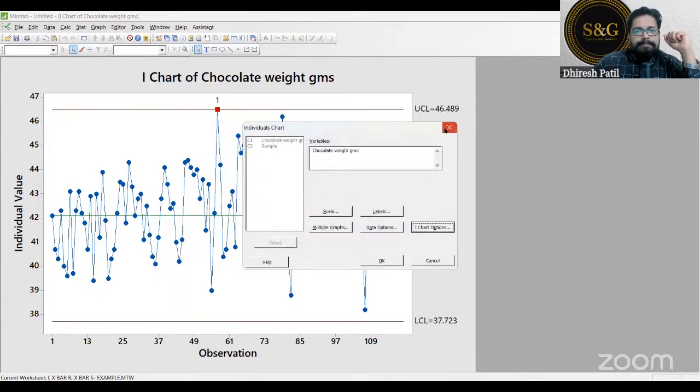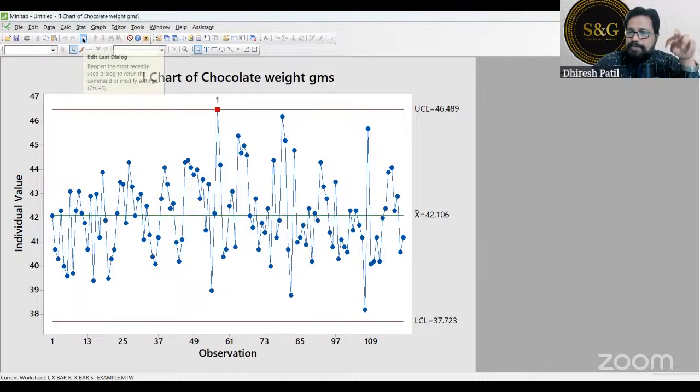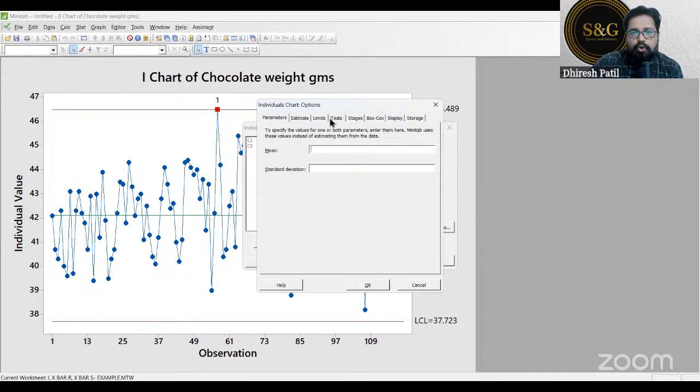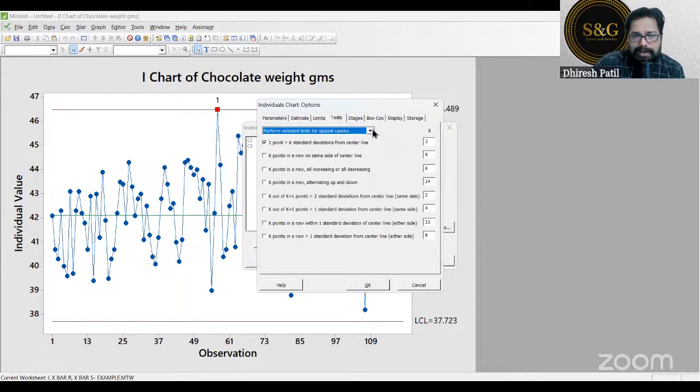Everybody, I repeat again: press Control E or press Edit Last Dialog, go to I Chart Options, and go to Tests. Here you select perform all tests for special causes. Just click on that.